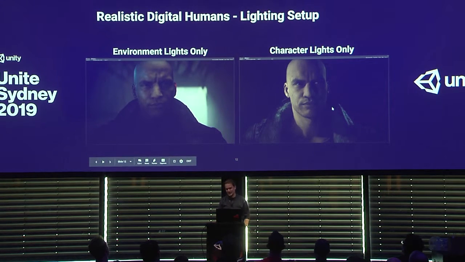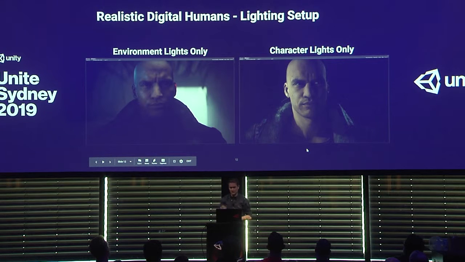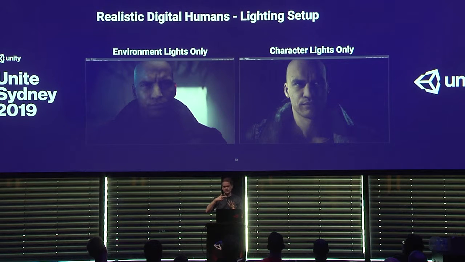So what they did is they used light layers, which allow you to specify certain objects to receive light from certain lights. Gawain, which is the name of the character, has his own character light rig, which is a series of spotlights and point lights that follow his face around. As he walks around, you have this light rig around his face, and the lights are told to only point towards these specific objects.